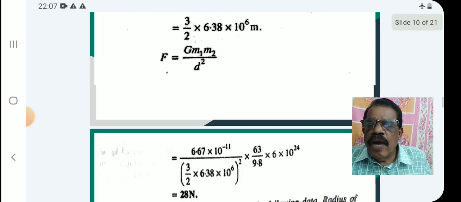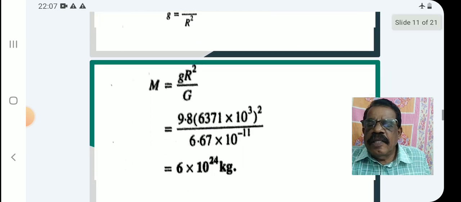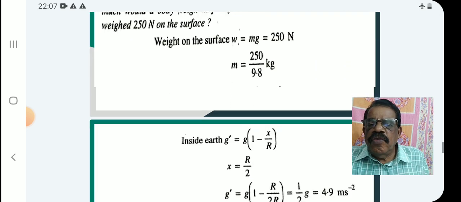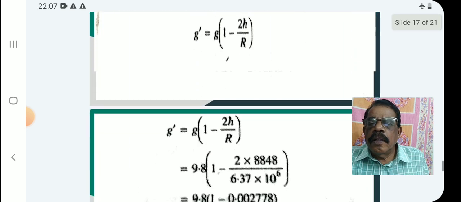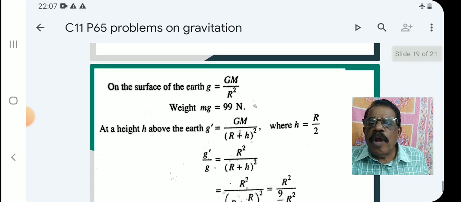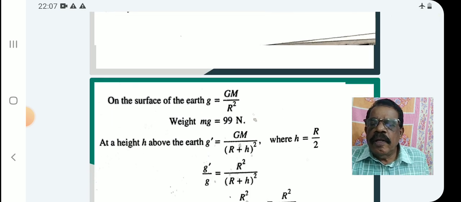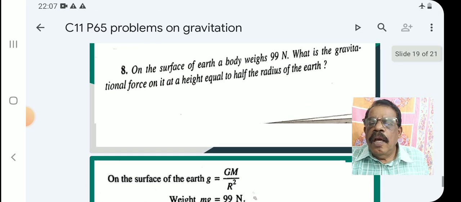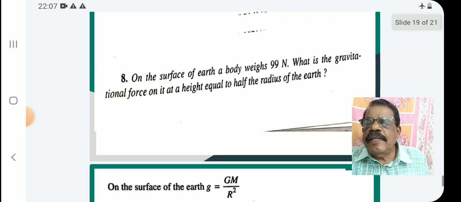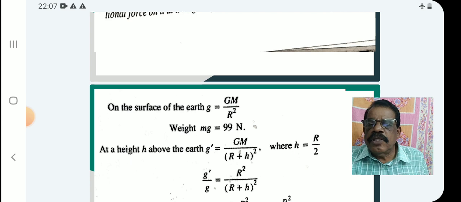The answer I have written here is 28, and this can be done as the problem we just read. You look here, the problem without sufficient steps, we can complete it by this problem number 8, that is the 63 Newton problem.